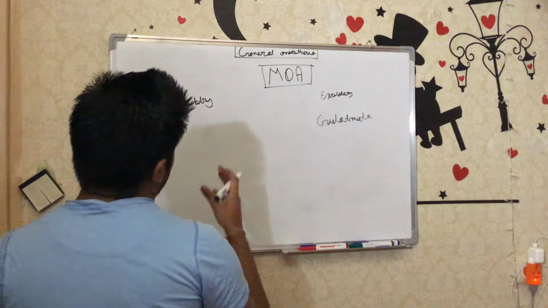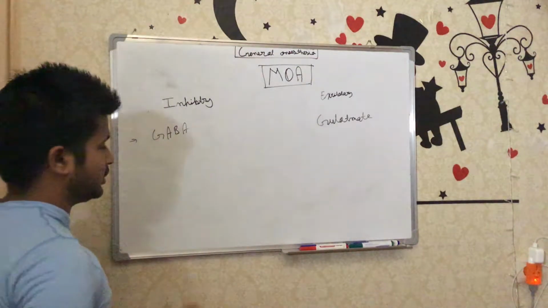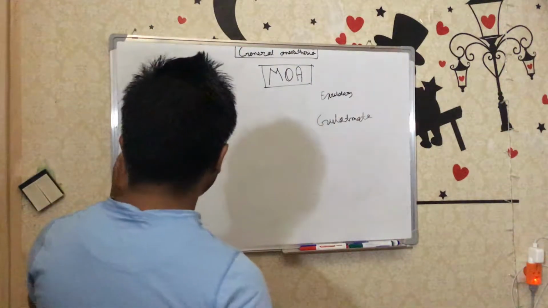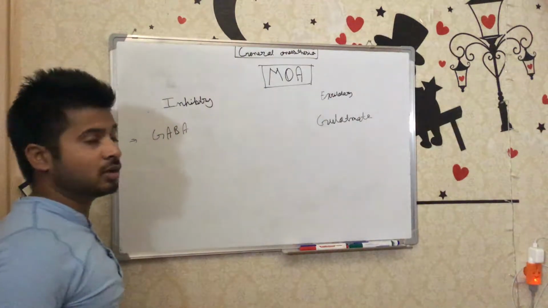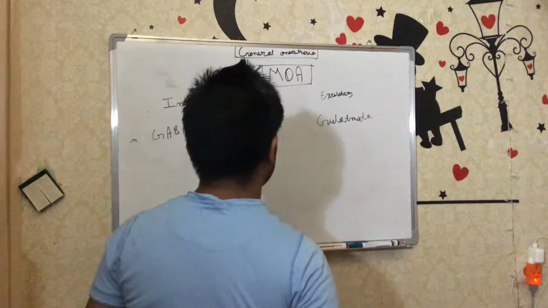Most drugs, inhalational as well as intravenous, act on GABA, but some drugs act on glutamate. So which drug acts on GABA and which acts on glutamate?